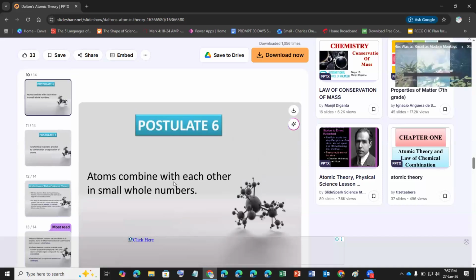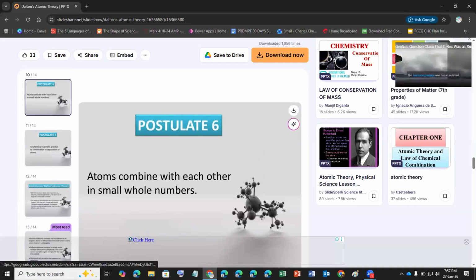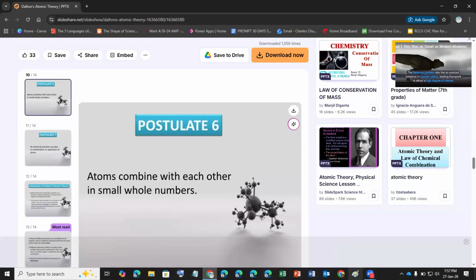Okay, all right. So atoms combine with each other in small whole numbers. Let me see if I can use an example to explain it. Should I just annotate? Let me annotate.